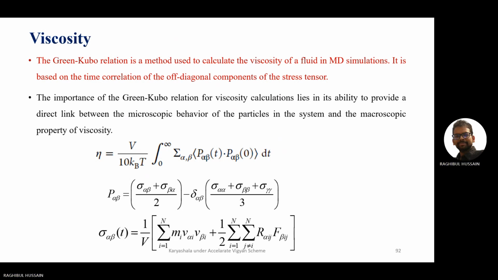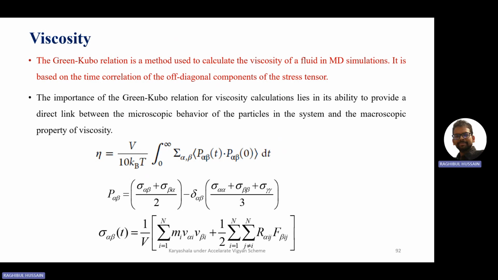Now, what is this one? This is the stress tensor. This is the simulation box volume. That is the mass of a particular atom. Now that is the i direction.